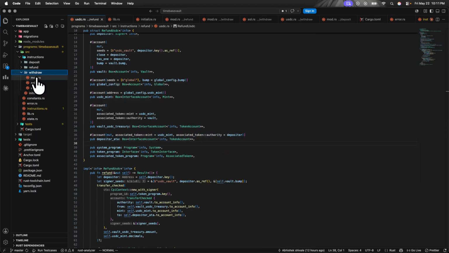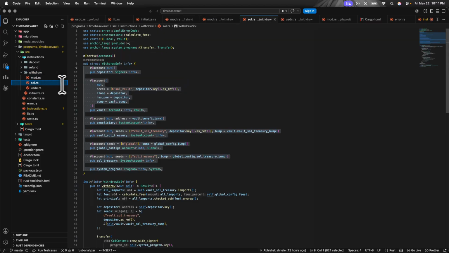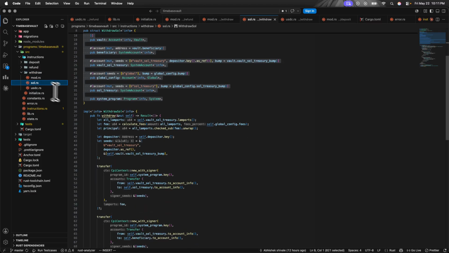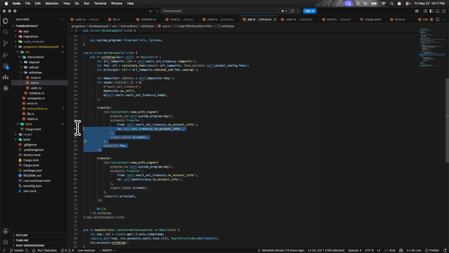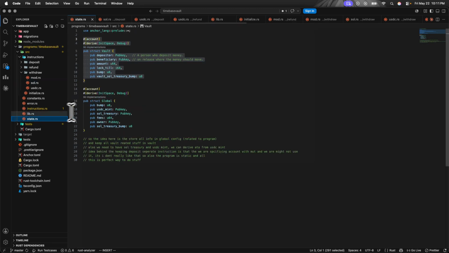Next is the withdrawal. Okay, withdrawal is absolutely the same as the refund, but we will have this instruction which is transferring fees to what we mentioned here.